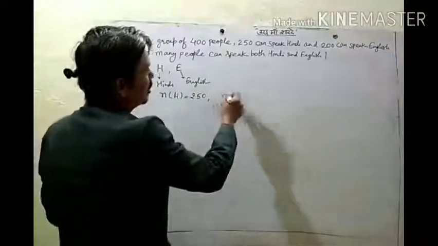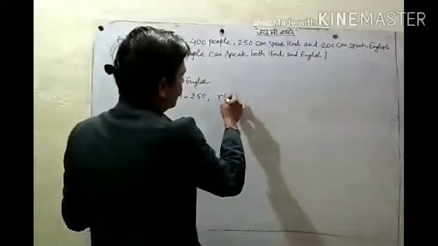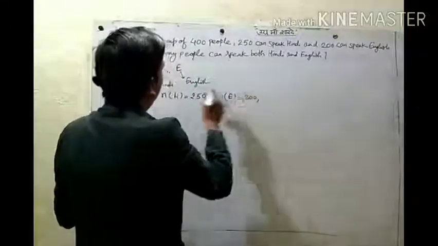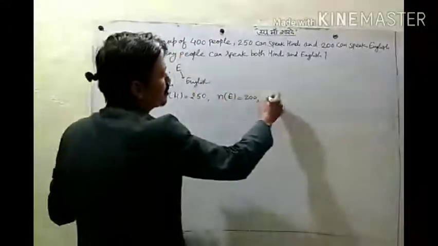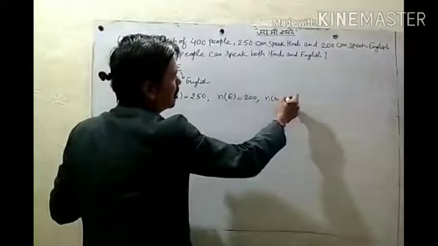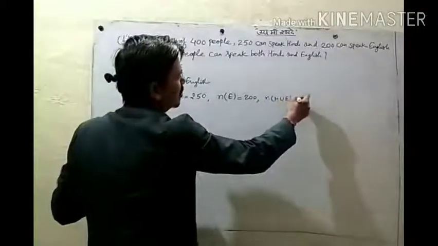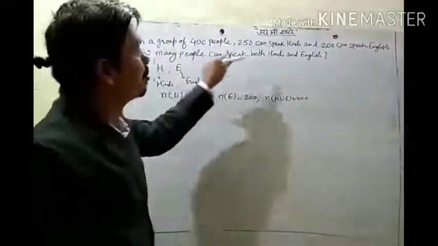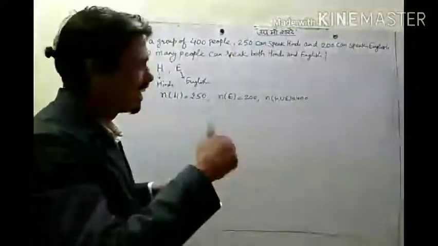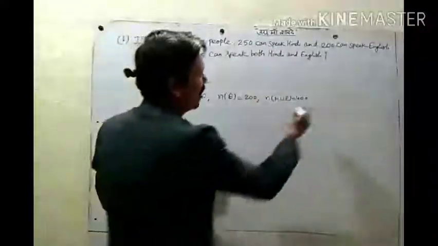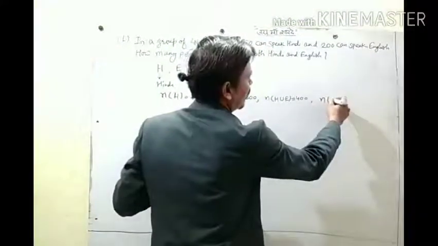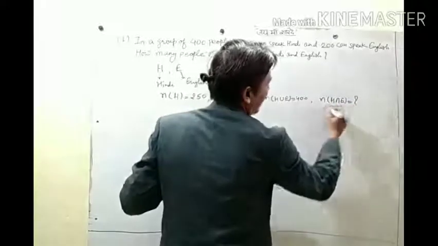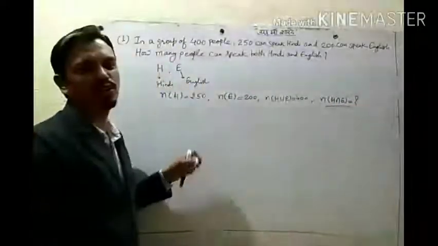Then 200 speak English, means elements in E set, we have 200, and the group is H union E, which is 400. Then we need how many speak both the languages, both Hindi and English, means intersection. So how many elements are there in H intersection E? This we want to find.